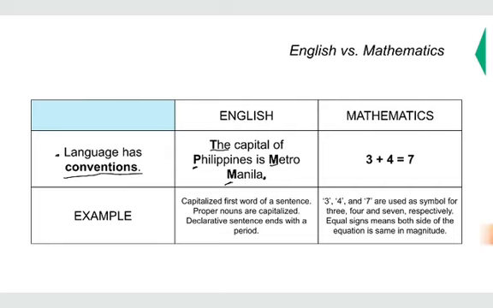So here we know that actually we're looking at a convention here. This sign, we know that that's plus. We have to add this digit and then this digit. Okay? Equal. That means the left side is equal to, or the same in magnitude to the right side. We know na kapag nakita tayo ng gantong symbol, oh, that's 3. This symbol, oh, that's 7. These are mathematical conventions that we know from our elementary days.